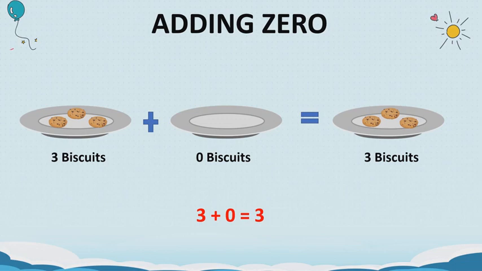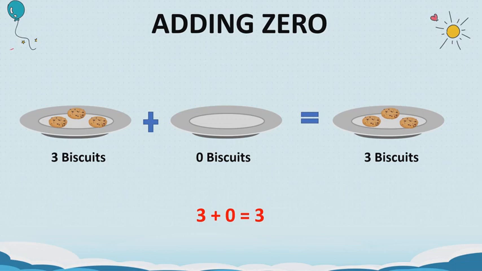Number plus 0 is always equal to the same number. So 3 plus 0 is equal to 3. Whenever we add 0 with a number, it will always give the answer as the same number.